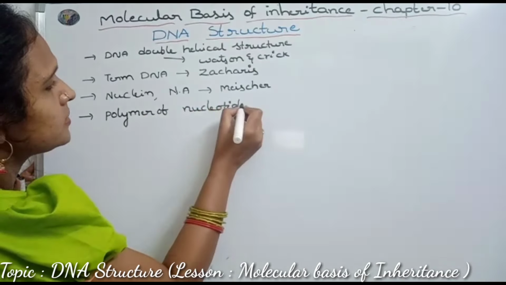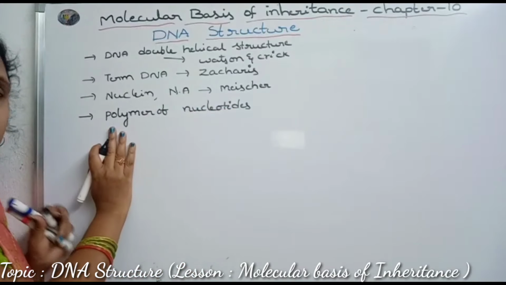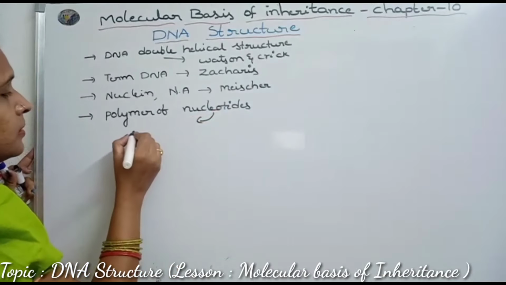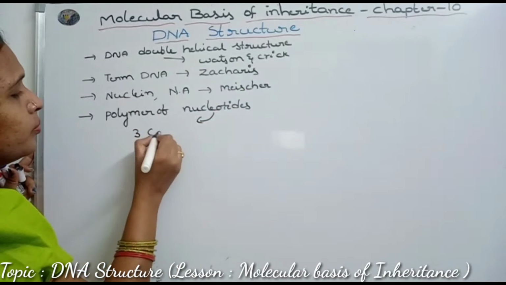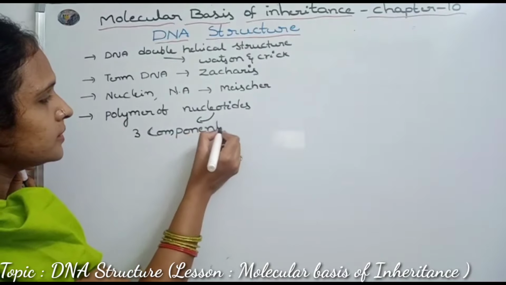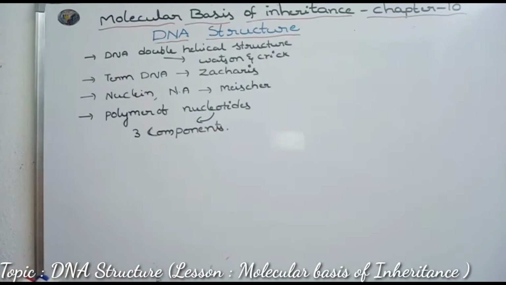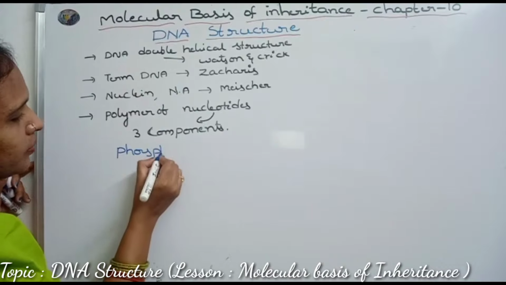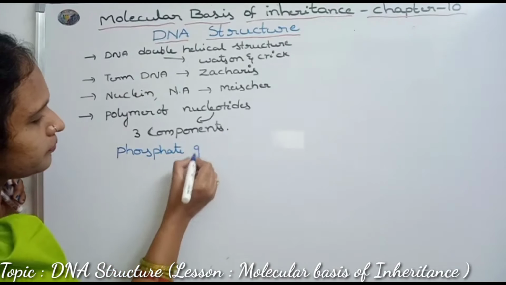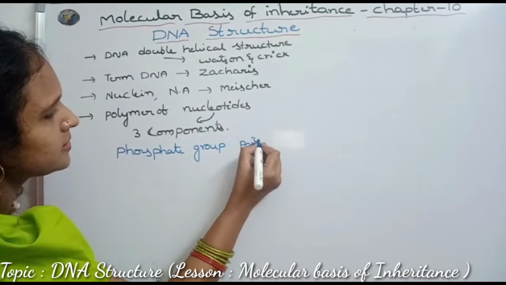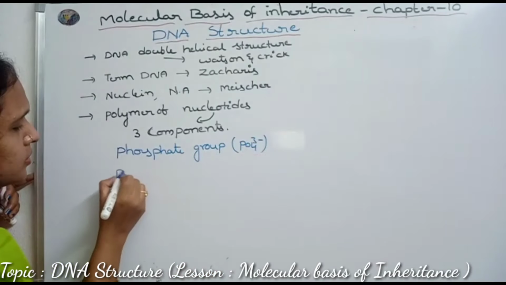Poly means many, or number of. A nucleotide is made up of three components. That is the phosphate group, PO4 3 minus, and pentose sugar.